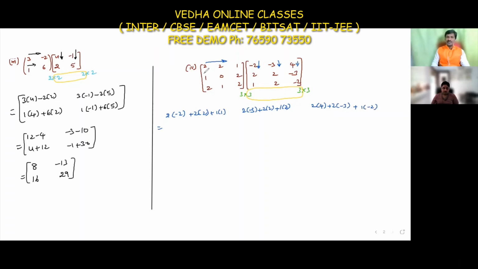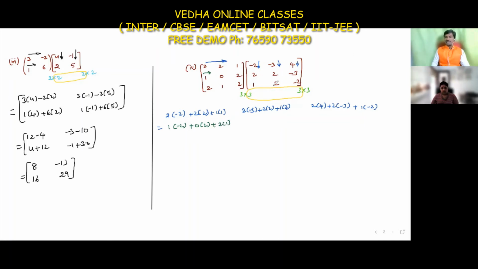Now second row. Second row with first column again: 1 into minus 2 plus 0 into 2 plus 2 into 1.